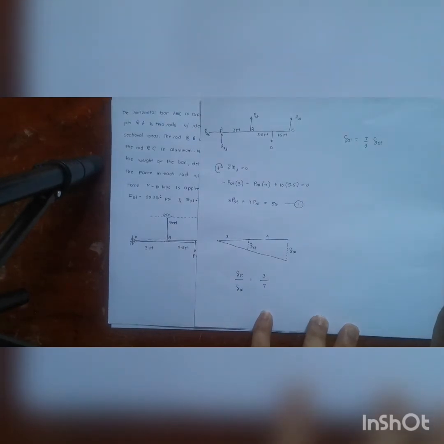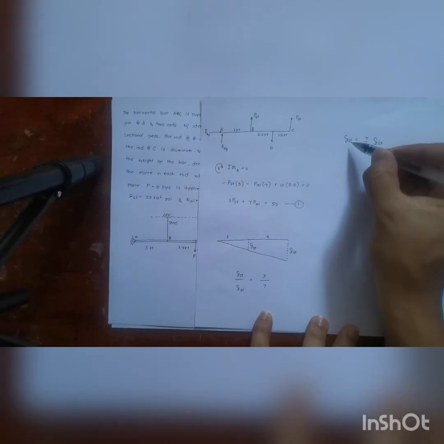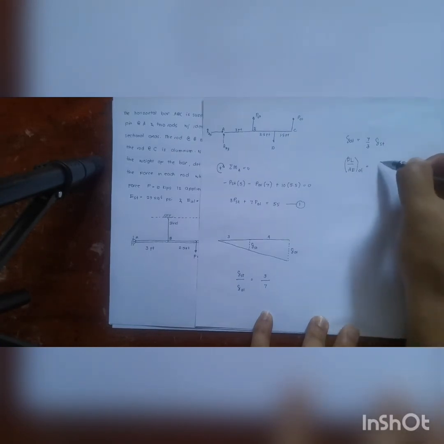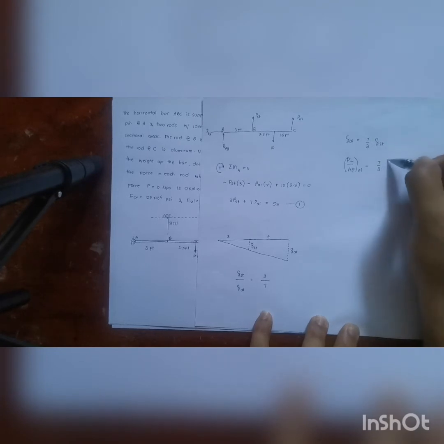Either way, we get the same answer. But deformation is PL over AE, so PL over AE of aluminum equals 7 over 3 PL over AE of steel.